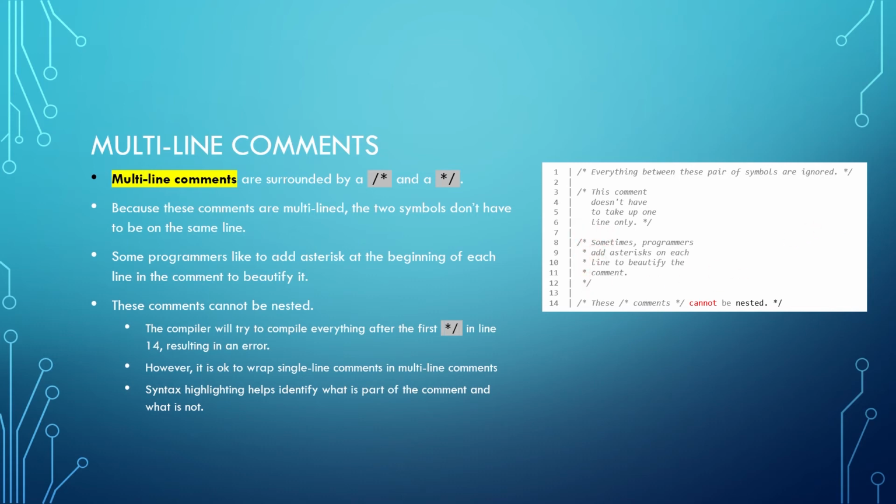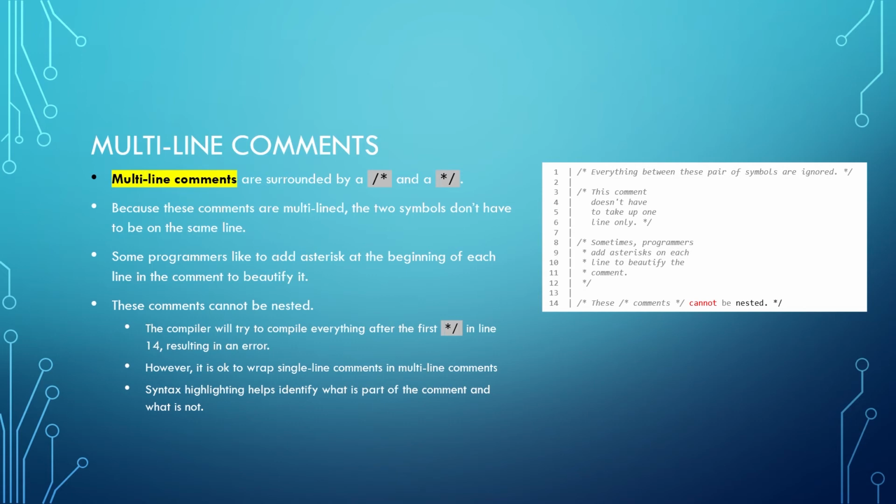These comments cannot be nested. If you put a big comment here and you try to add a tiny comment in the middle, everything after here is going to be treated as outside of the comment. When the compiler sees it, it doesn't know what to do with it, so it just gives an error. However, it's okay to wrap single line comments in multi-line comments.